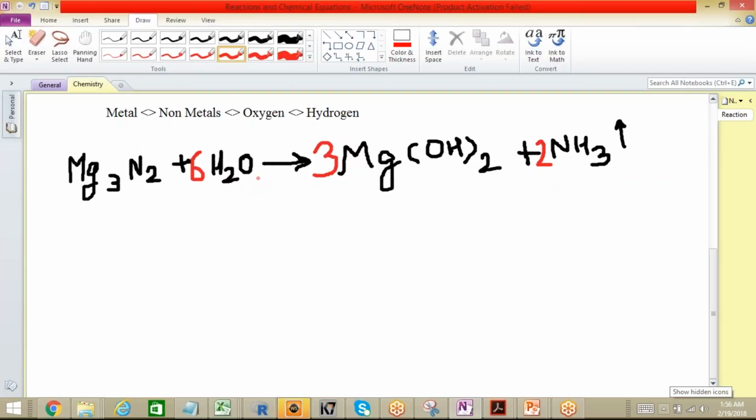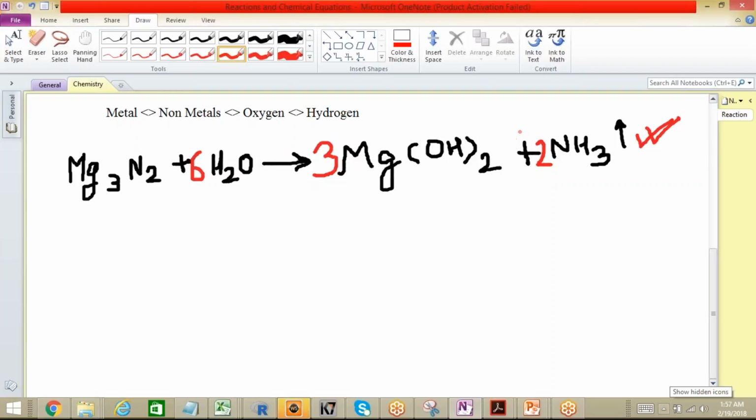Then about the oxygen, we have six atoms of oxygen here, and here also we have six atoms of oxygen. And at last we have hydrogen, we have 12 atoms of hydrogen, and here also we have 12 atoms of hydrogen, and that's why we can say that this equation is completely balanced.